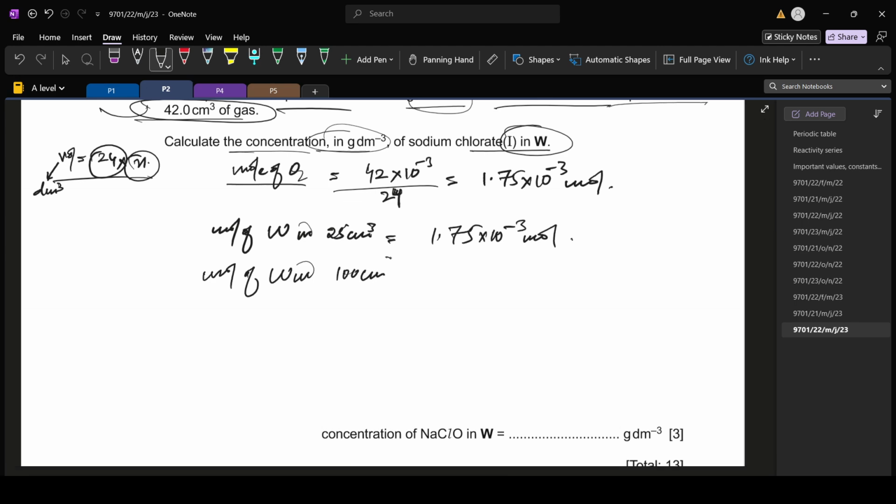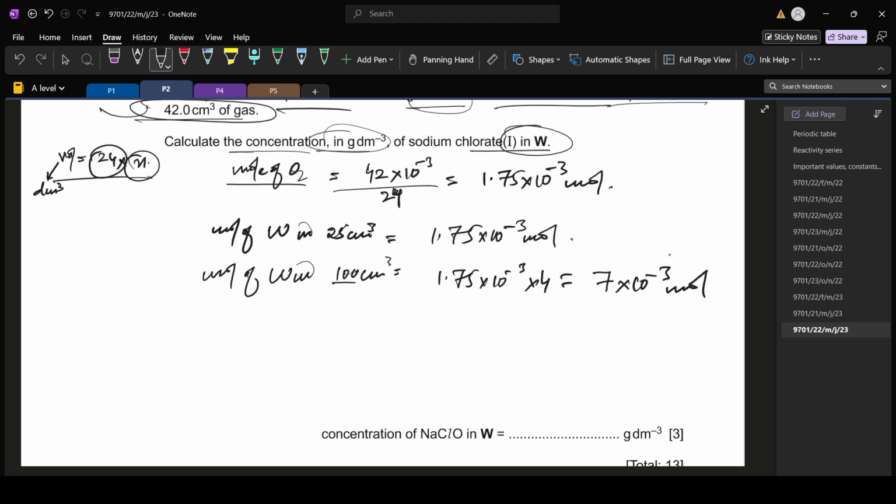So it's actually going to be 1.75 × 10⁻³ × 4, because 25 multiplied by 4 is equal to 100. Okay, so if you multiply this by 4, you will get 7 × 10⁻³ moles.